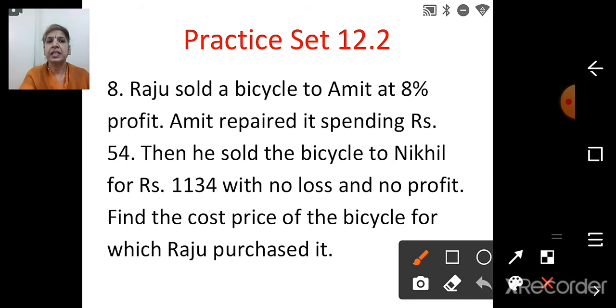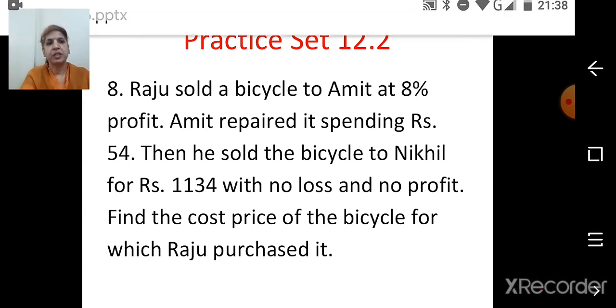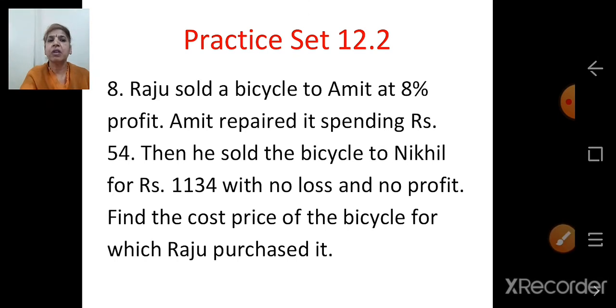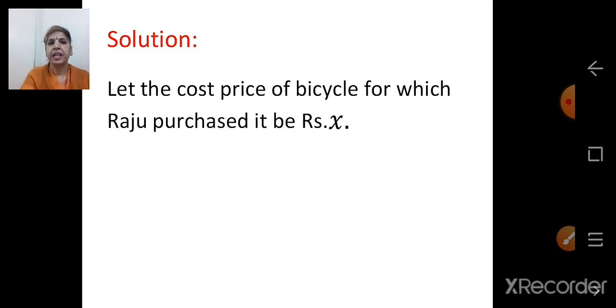And the selling price, that is, Amit sold to Nikhil at rupees 1134, and we have to find the cost price of the bicycle for which Raju purchased it. So first thing we will say: let the cost price of the bicycle for which Raju purchased it be rupees X.